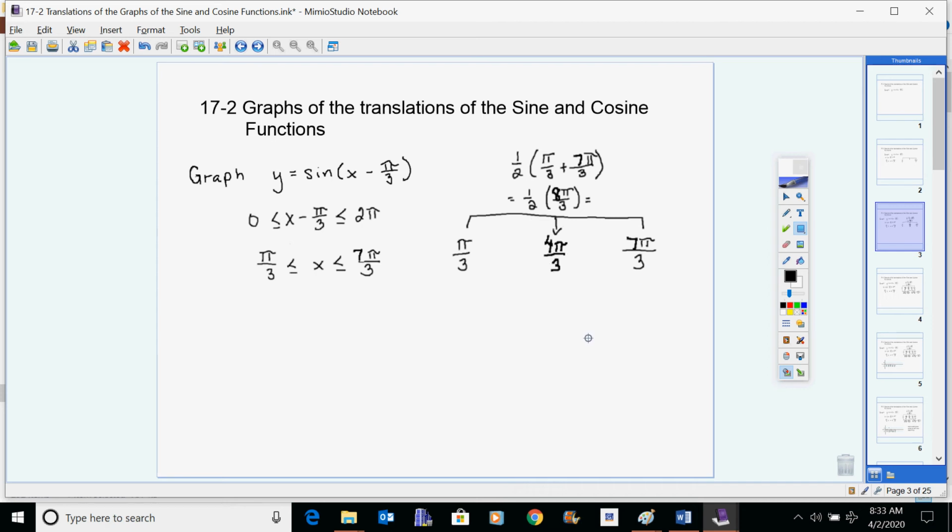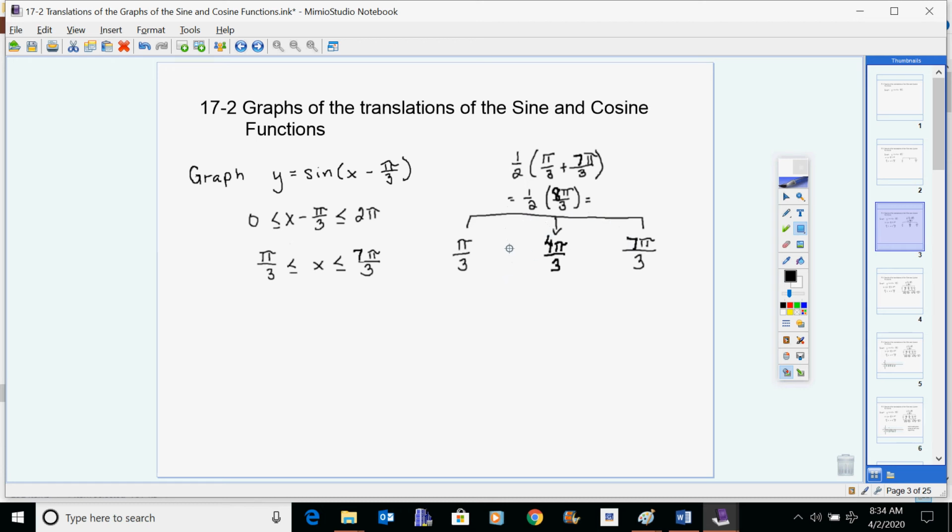Some people would have a little bit of a different way of doing this, but I'm going to stay consistent on this because I really want you to have a good understanding going forward. Yes, there are shortcuts that you might learn as you're getting more familiar with trigonometry. But this is good because I want to emphasize that the even increments are important.